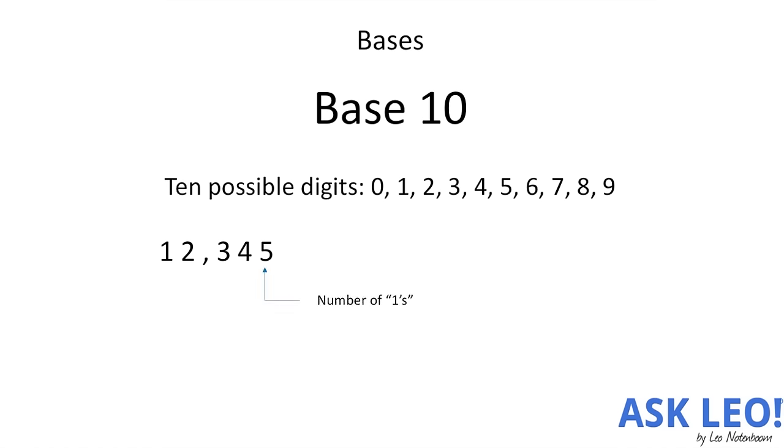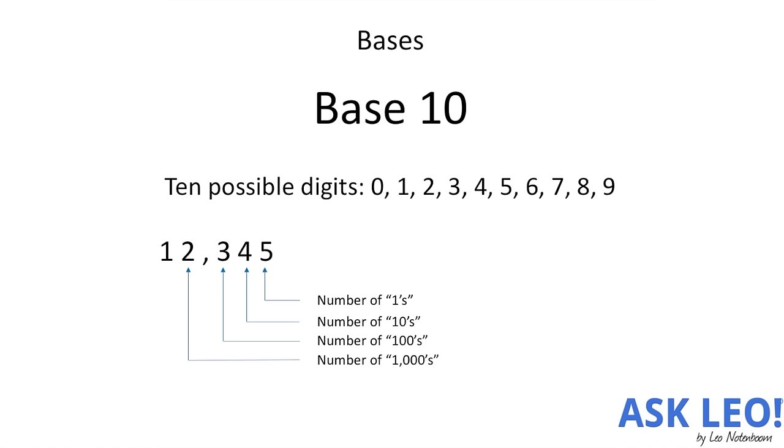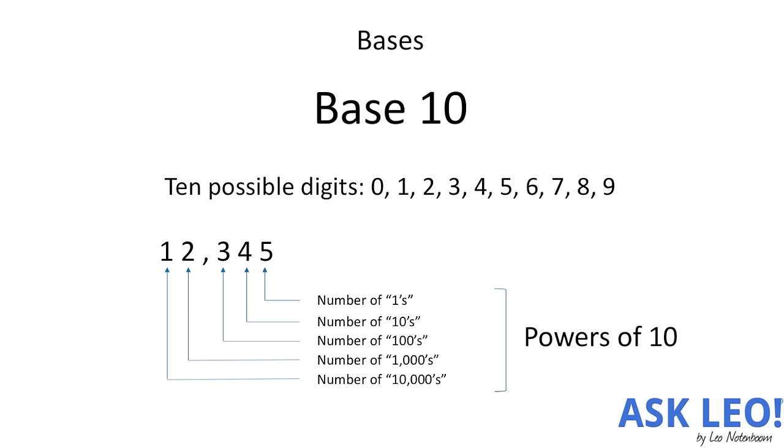The 5, for example, represents the number of ones in the number. The 4 represents the number of tens. The 3 represents the number of 100s. The 2 represents the number of 1000s, and the 1 represents the number of 10,000s. Now, that sequence, 1, 10, 100, 1000, 10,000, those are all powers of 10.